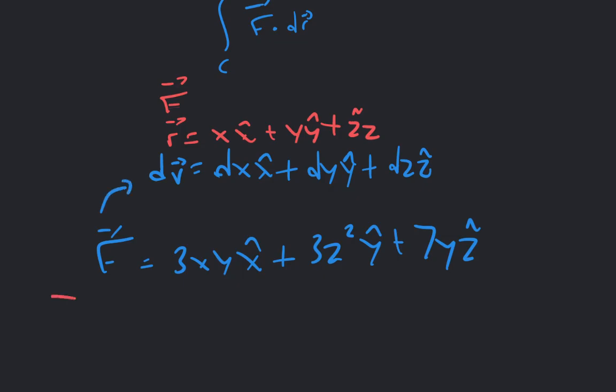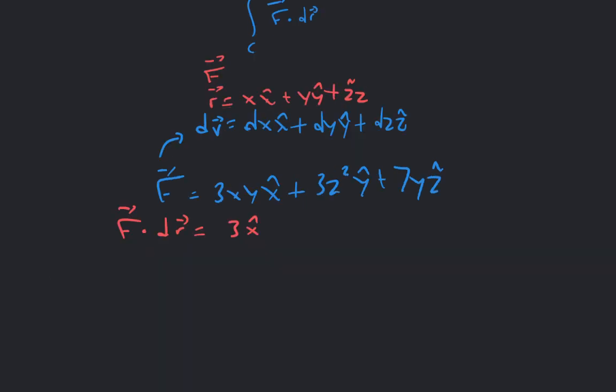If we take F dot dr now, 3xy times dx is just going to be 3xy x unit, and there's no y component, there's no z component, but this isn't the full story. So when we do this notation, we're going to be integrating over some curve.